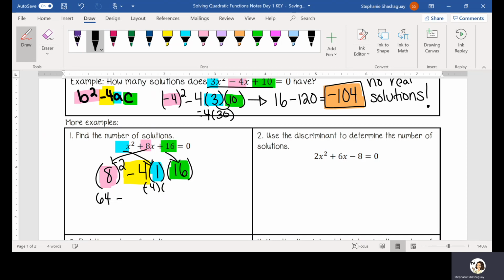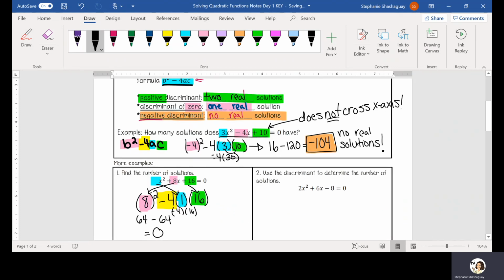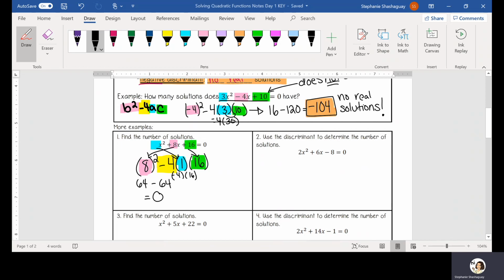So we're going to multiply that by 16, and we're going to get negative 64. Well, what's 64 minus 64? Well, that's equal to 0. So according to our rules, if the discriminant is 0, how many solutions do we have? 1 real solution.